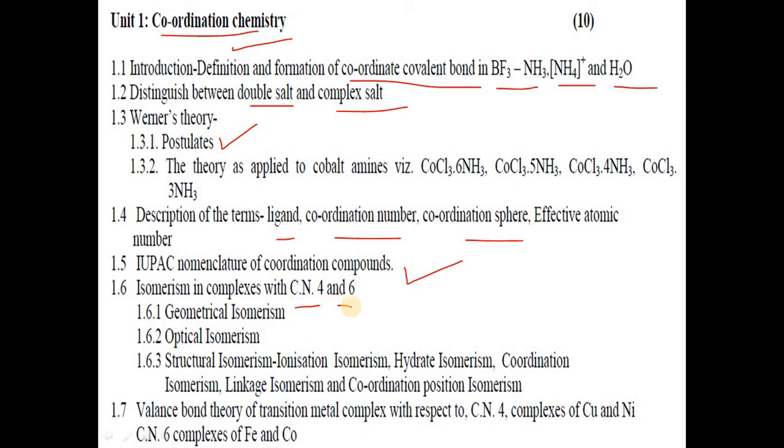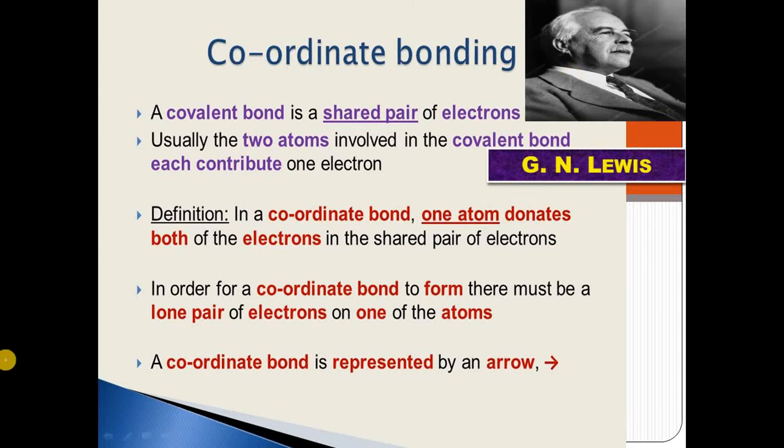In this video we will see the basic introduction, that is, definition and formation of coordinate covalent bond in BF3, NH3, NH4 plus and water. About the coordinate bonding, first we will focus on the basic definition of covalent bond.